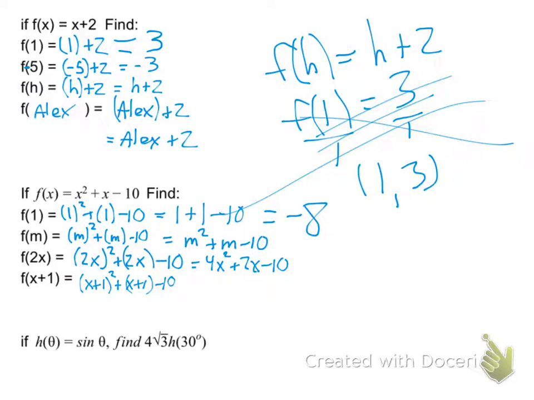Why would you want to call it that? Because what do you have to do to that x plus 1 squared? You have to FOIL. Do not think that you can just distribute the square to the first and last term. That is definitely a rookie mistake. You should not be making that.